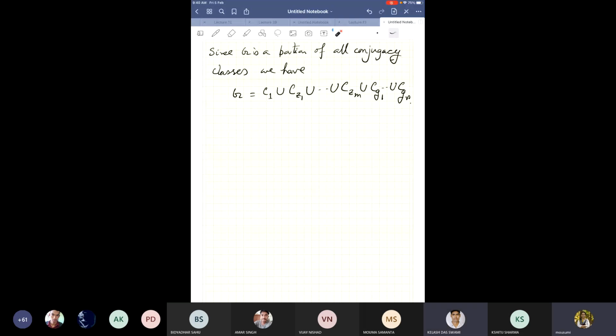So now the cardinality of G is nothing but 1 plus 1 plus 1, plus the cardinality of the conjugacy classes.